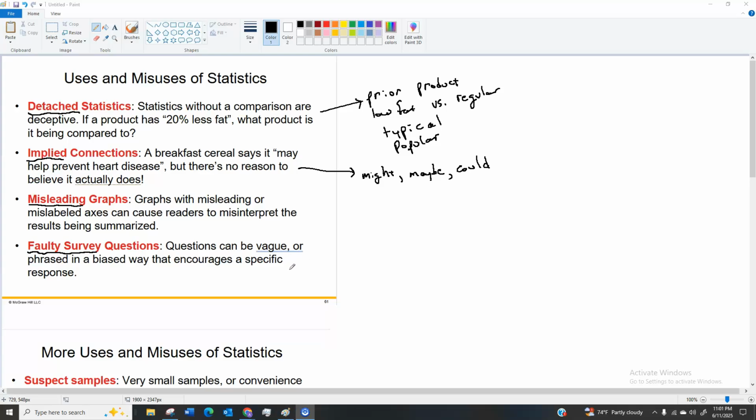An example of that might be, let's say you're asking students that go to a school that requires uniforms. You might say something like, many students don't like wearing a uniform. Do you agree? Well, you're leading them into saying yes. By saying many students don't like the uniforms, do you agree?